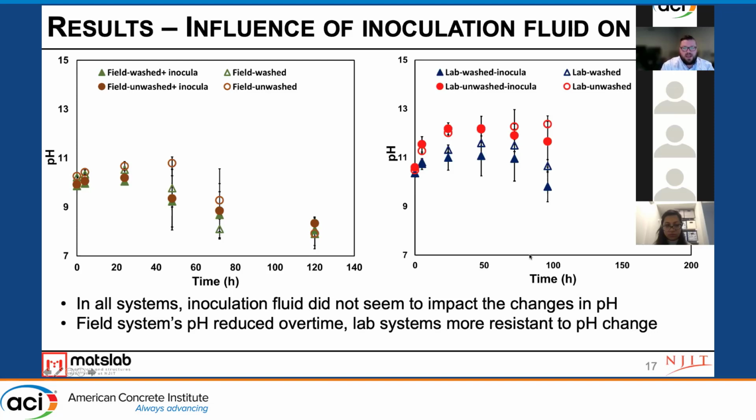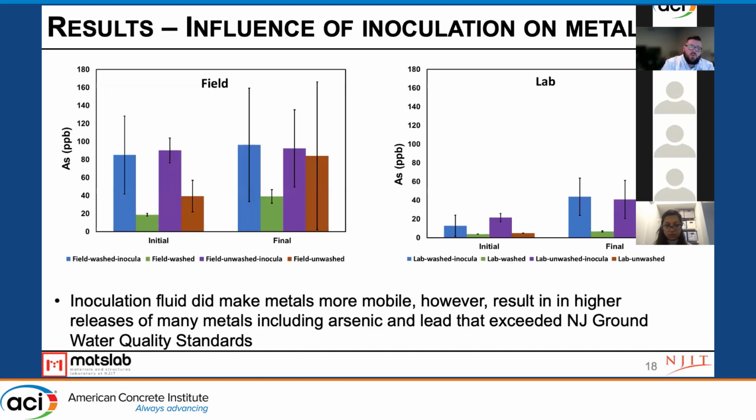A little bit of impact in the long term with the field samples. We saw decreases in pH over time, but really there wasn't a big difference with the inoculation fluid for that.